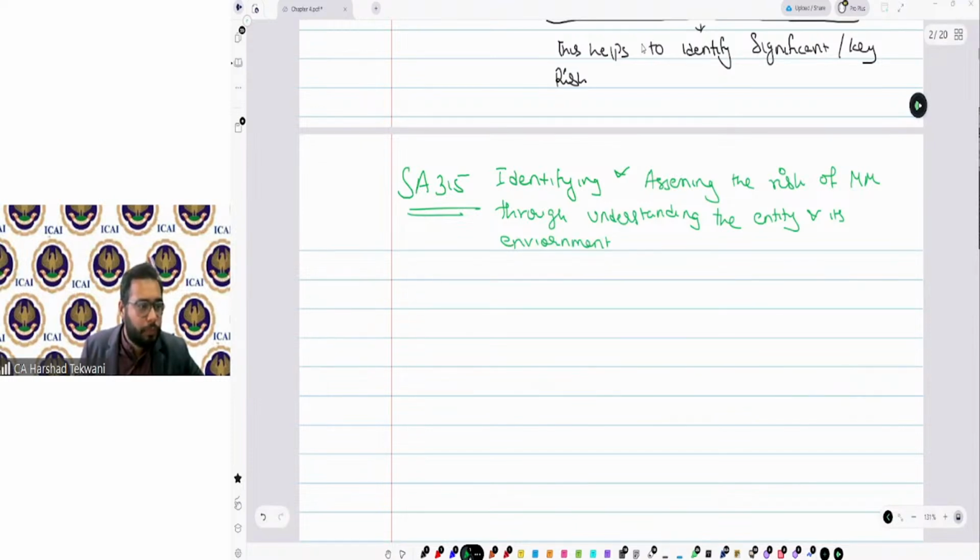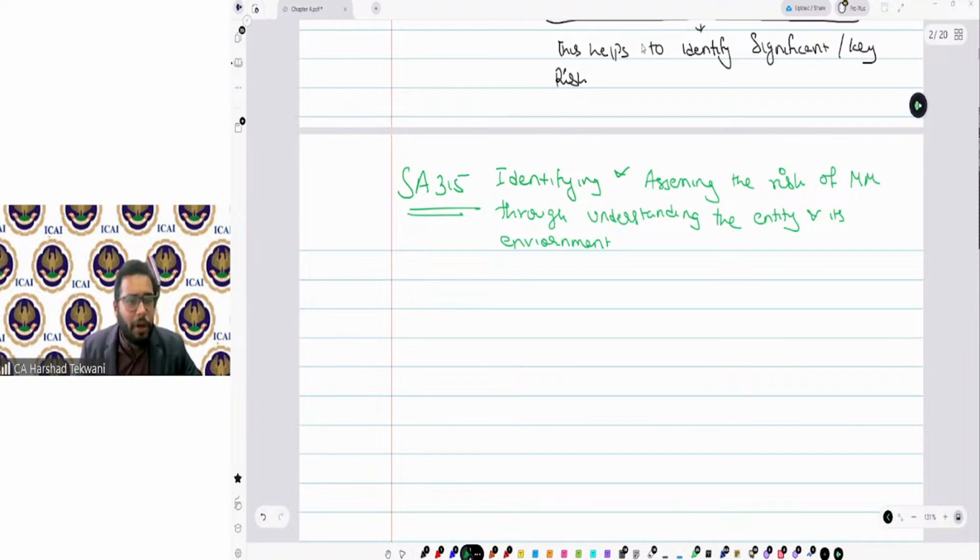Now, understanding the entity includes understanding your internal controls also. And remember, we were mapping the internal controls in front of the risk that we identified.